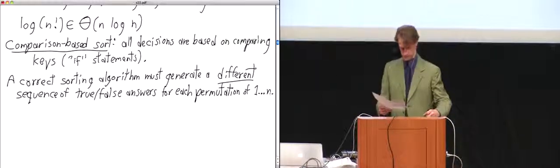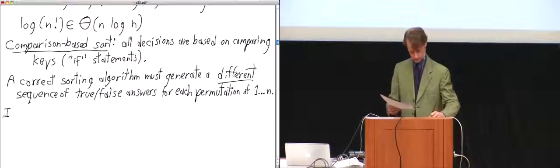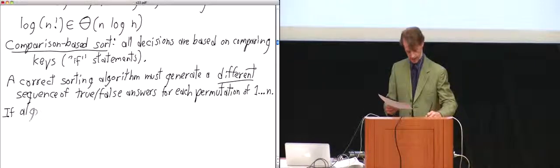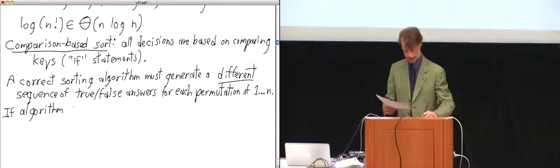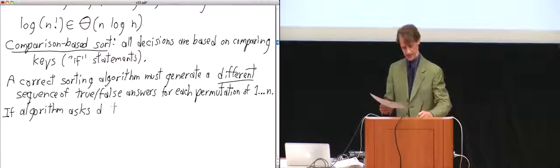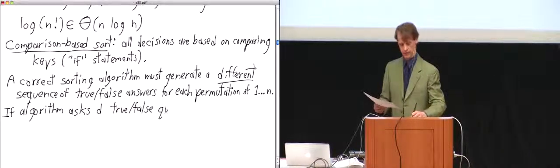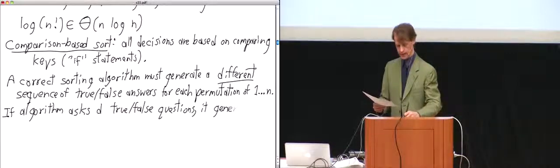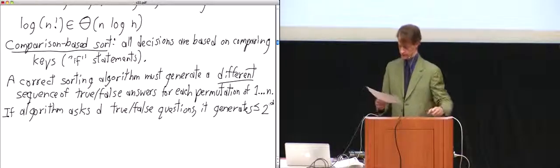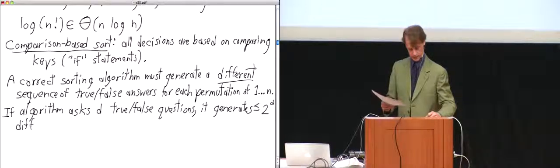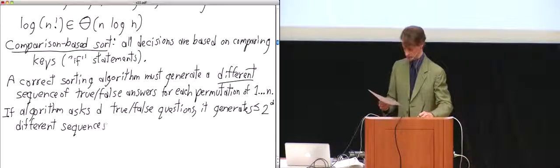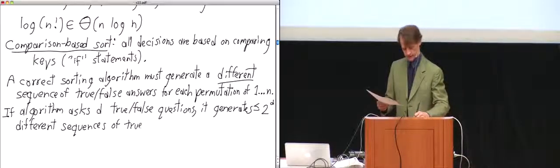And if the algorithm asks a total of d questions, meaning that we go through d different if statements, and each one gives us a true or false answer, then it can generate at most 2 to the power of d different sequences of true or false answers.